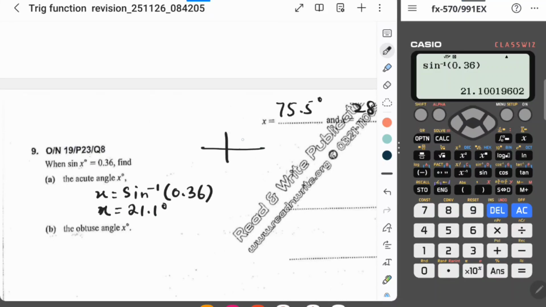You know that sine is positive here and here. So the other angle, the obtuse angle, will be 180 minus 21.1. So 180 minus 21.1 is equal to 158.9 degrees.